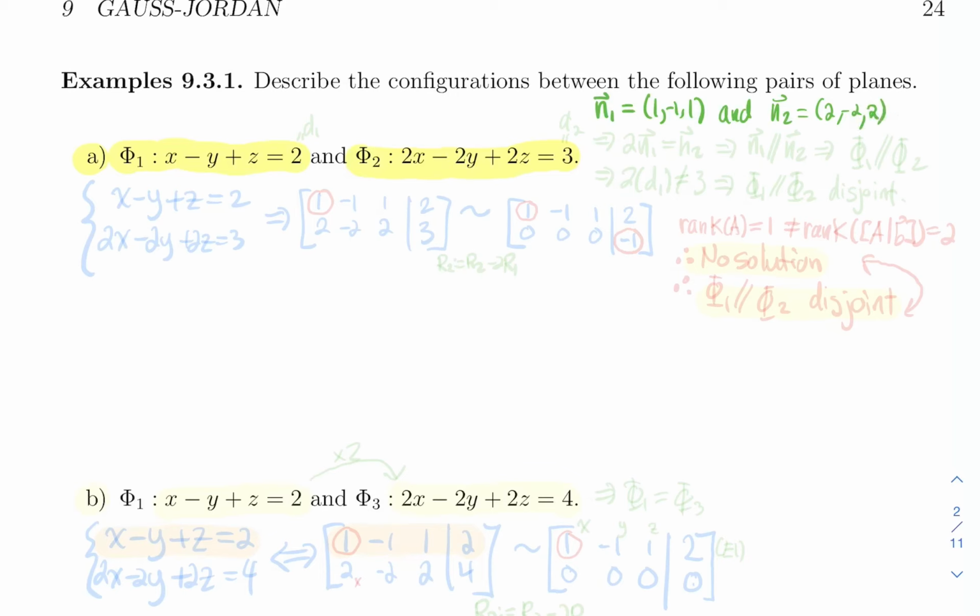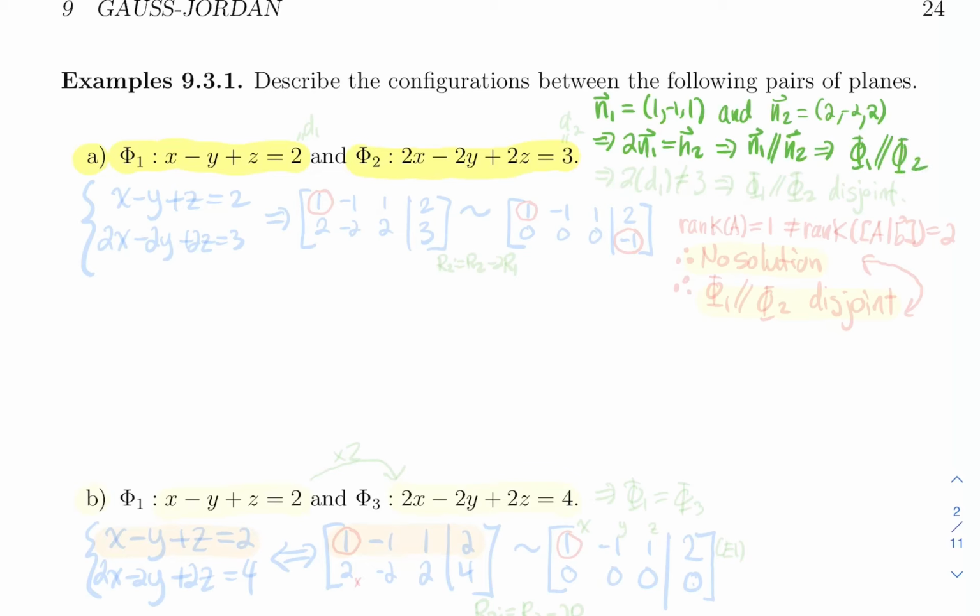Obviously, because 2 times n1 is equal to n2, you can conclude that the vectors are parallel, so n1 is parallel to n2, and then you can conclude that the two planes are parallel. Phi1 is parallel to phi2.